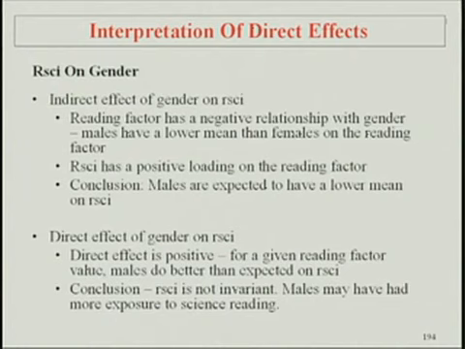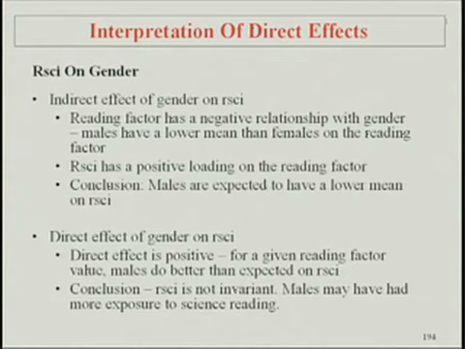But reading science has a positive loading on reading. So we would expect that males are going to have a lower mean. If they have a lower mean than females on the reading factor, and reading science is positively related with the reading factor, then we would conclude that males are going to have a lower mean on reading science. But when we look at the direct effect, it's positive. So for a given reading factor, males do better than expected on reading science.